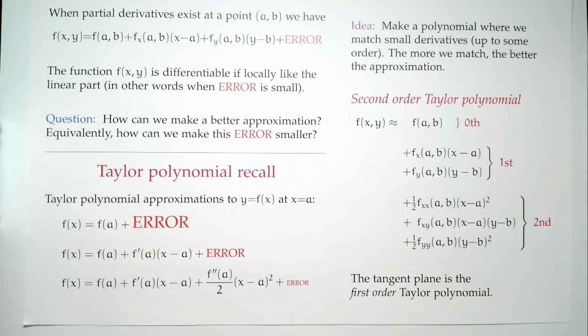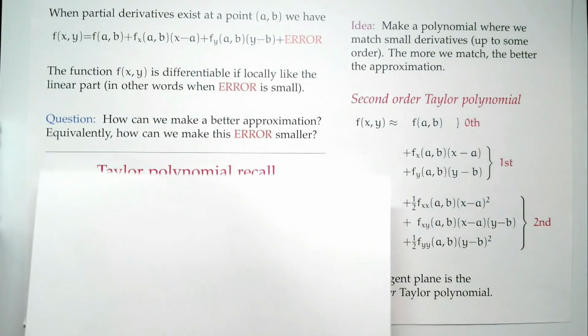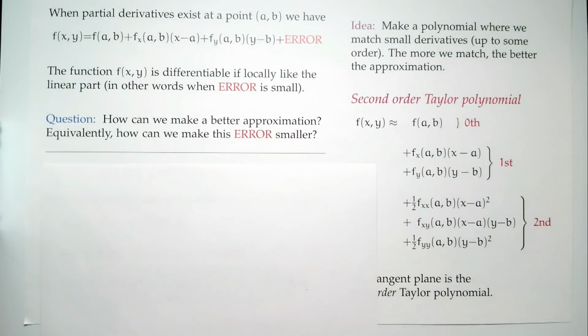The other thing is you can say, it's actually kind of there. And you might say, no, it's not. Why is it kind of there? Well, what derivative are we missing? Fyx.